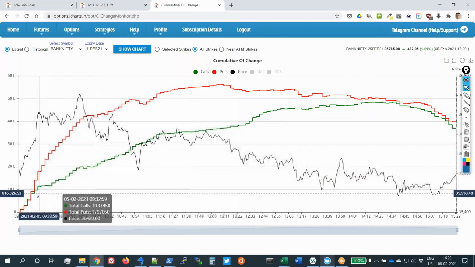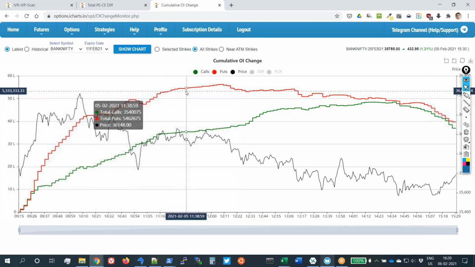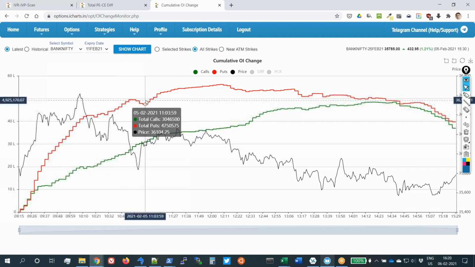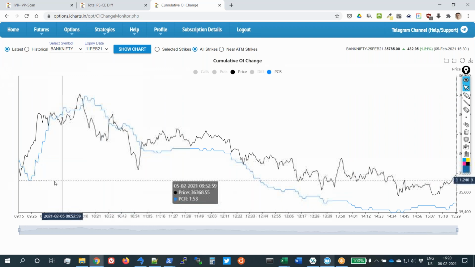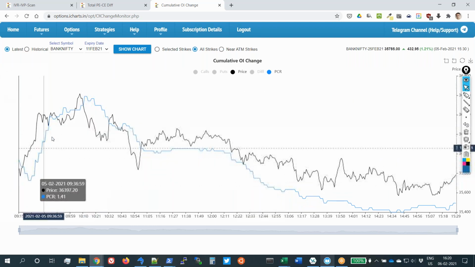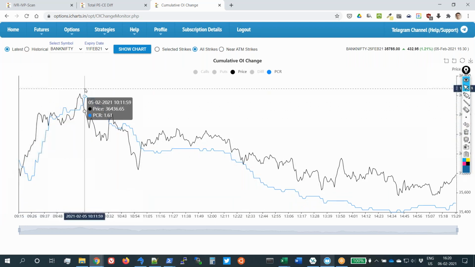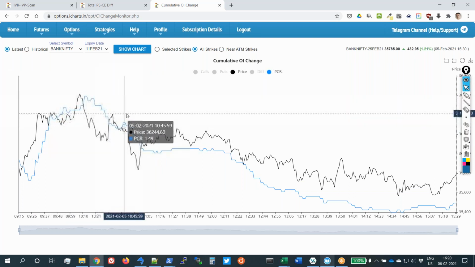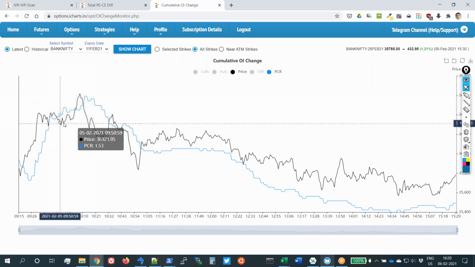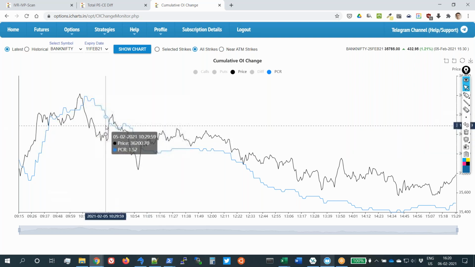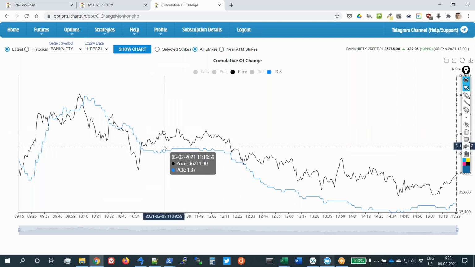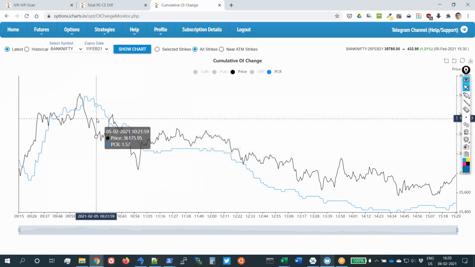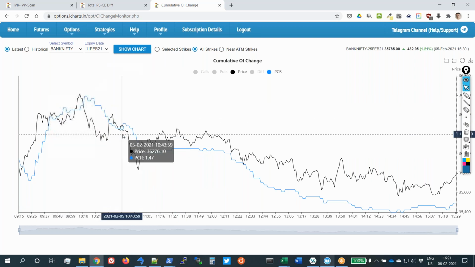Initially in the morning the PCR trend was higher, so this part was bullish. As I have posted in multiple screenshots with this analysis, once this PCR trend turns down, it's very important to be on the selling side or buying puts, because the trend bias changes at this point. When this breaks down, from here it's now down.